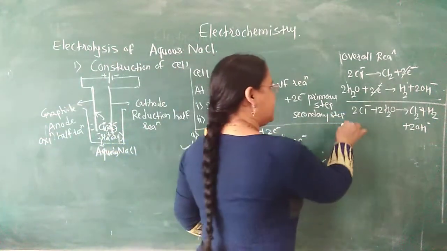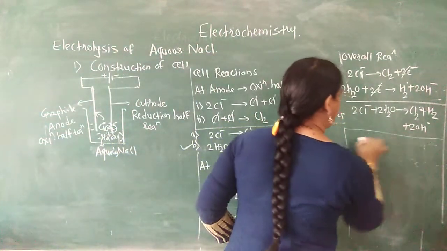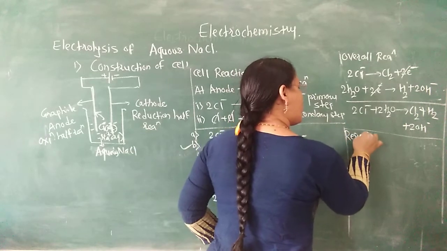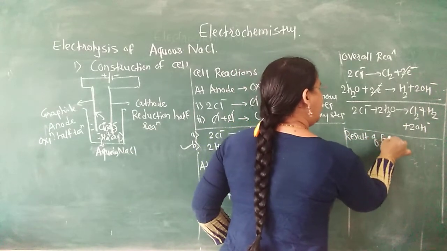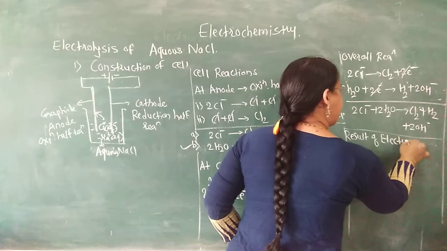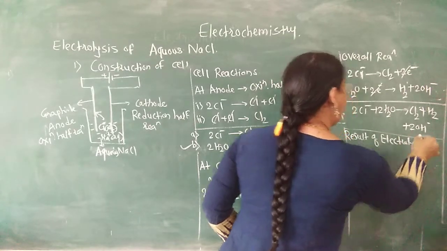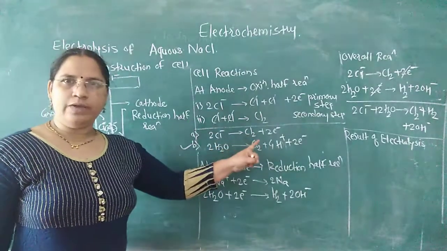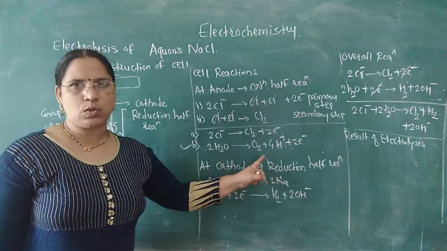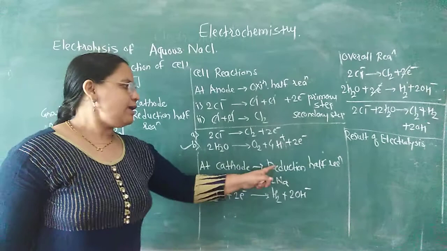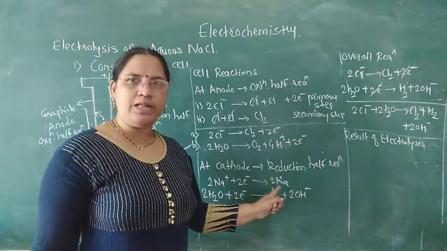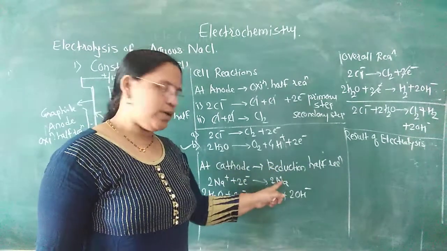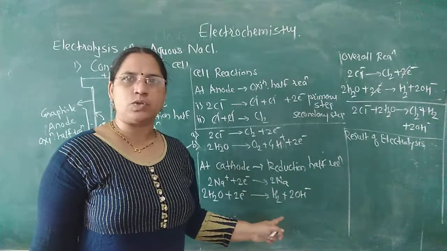Now the result of electrolysis. What is the result of electrolysis? If you observe here at the anode, along with chlorine gas, oxygen gas is also evolved. And here at the cathode, along with silvery white sodium metal, hydrogen gas is also obtained.